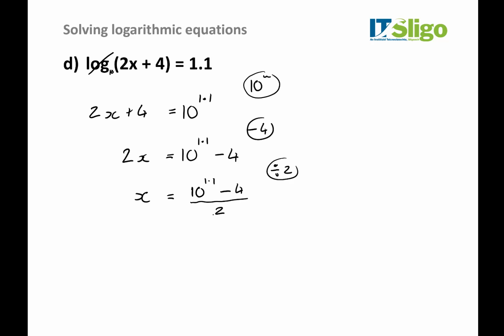And now we reach for the calculator. Again, be careful to move the cursor so you're not writing 10 to the power of 1.1 minus 4. It's 10 to the power of 1.1, and then subtract 4 from my answer. And divide by 2.